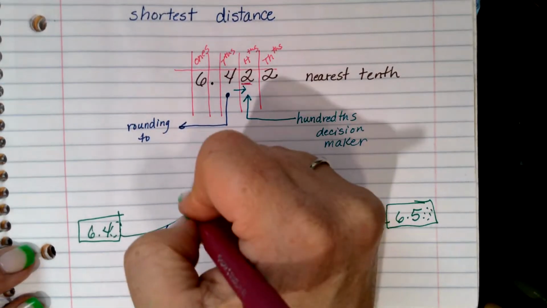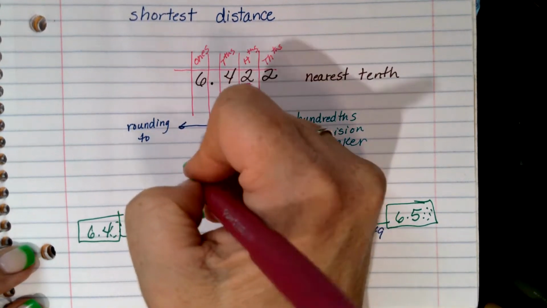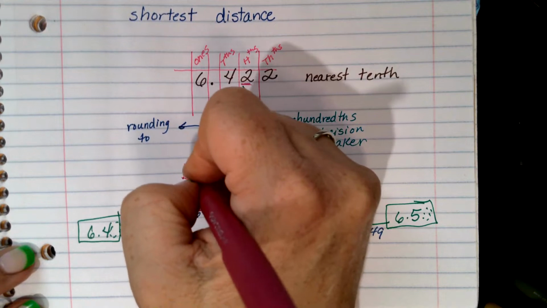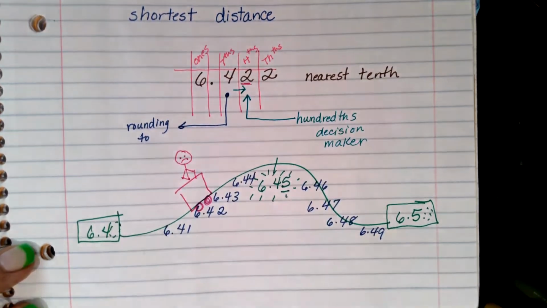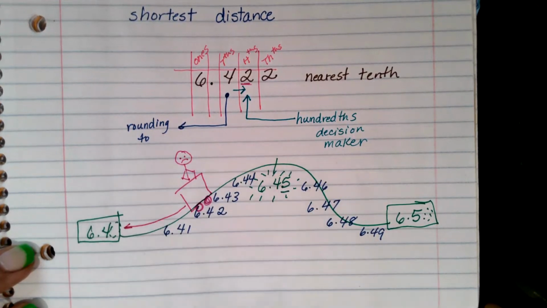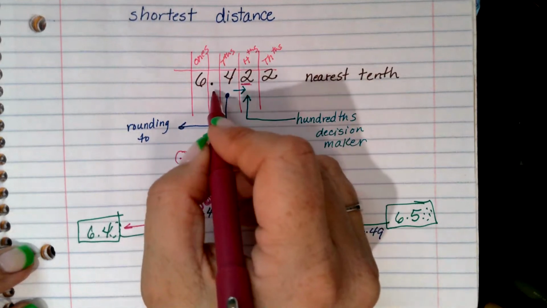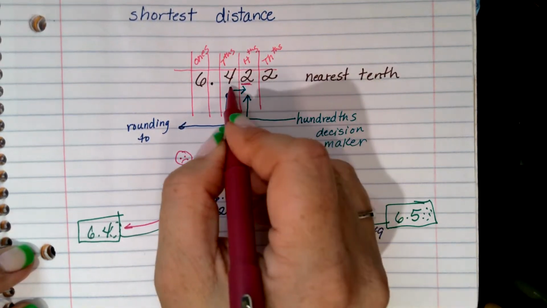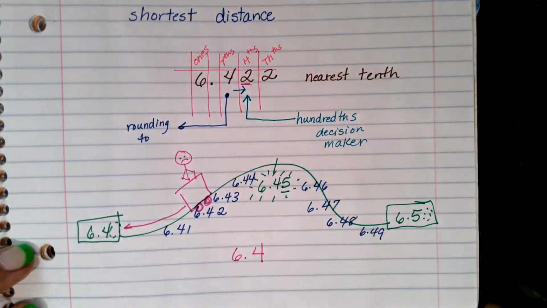This is where that falls on our roller coaster track. Unfortunate for our rider, we didn't have enough momentum to get up over that hill. So 4 or less, let it rest. 6.422, which is 6 and 422 thousandths, rounded to the nearest tenth, is 6 and 4 tenths.